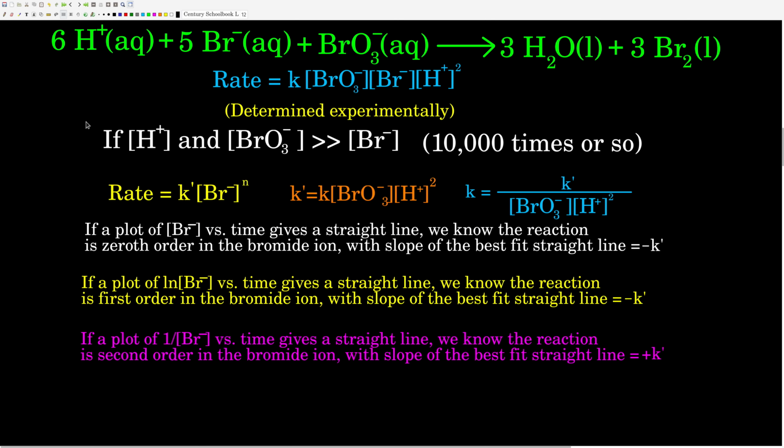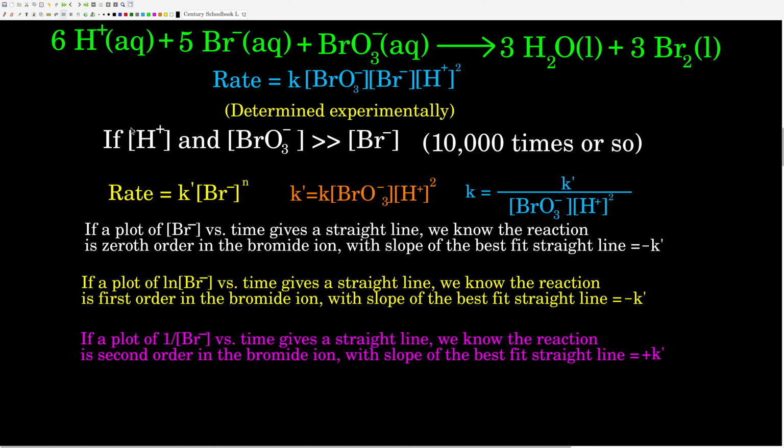So let's say we're figuring out the order of this reaction with respect to bromide ion. We set it up so that all the other reactants are in excess by far, like 10,000 times greater concentration or more.